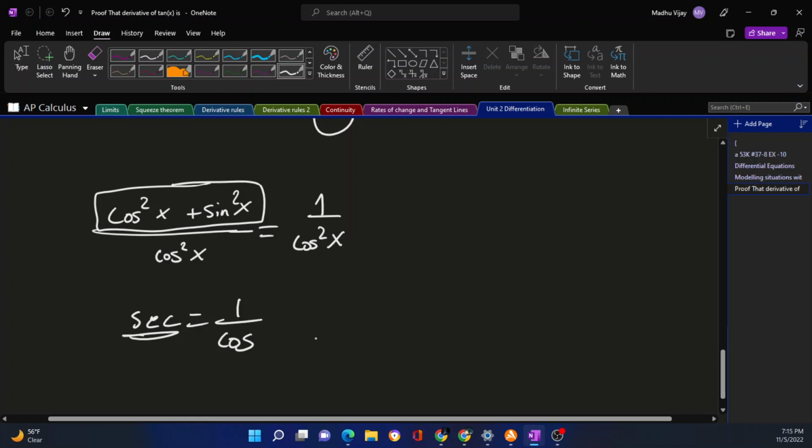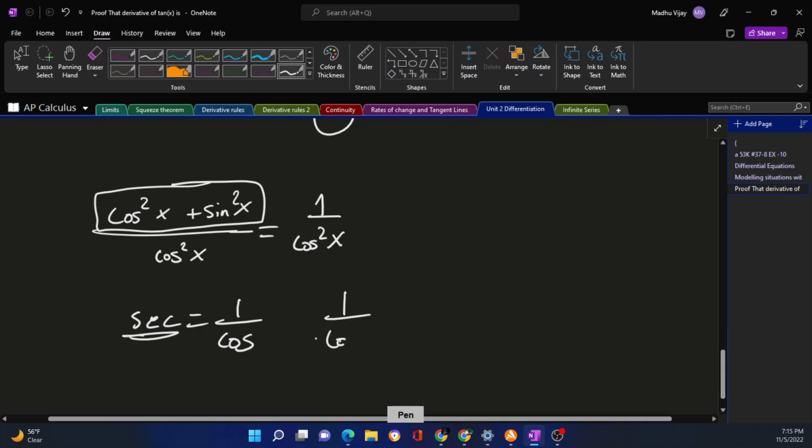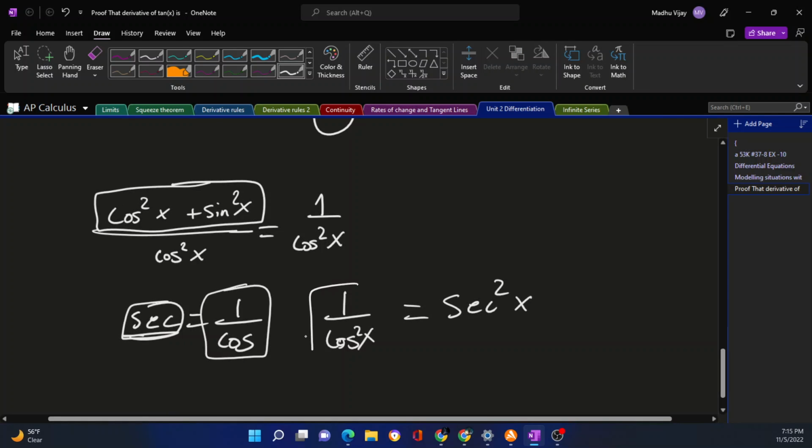So given this, if secant is equal to 1 over cosine, then 1 over cosine squared should also give you secant squared of x. And the way we know this is, you see how secant is equal to 1 over cosine? So 1 over cosine squared should give you secant squared.